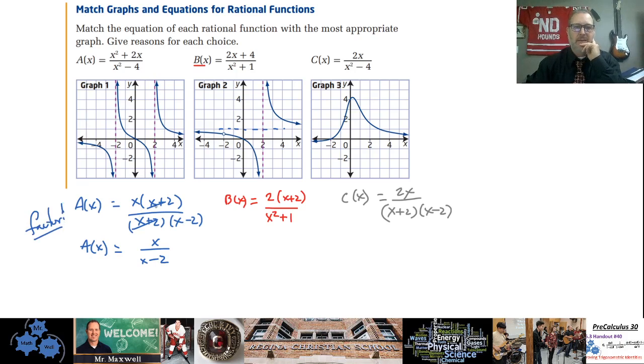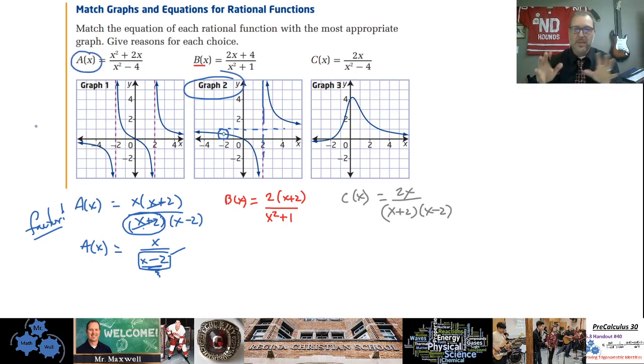And I factored and I realized that I have a gap discontinuity at x equals -2. Oh, wow, that's handy right there. And I also have a vertical asymptote at x equals +2 because this factor did not get simplified out. So x equals +2, there should be a vertical. And right away you're seeing that A of x is graph 2.